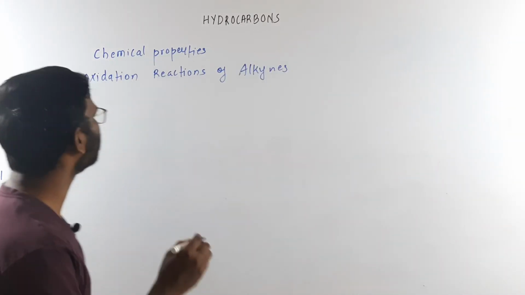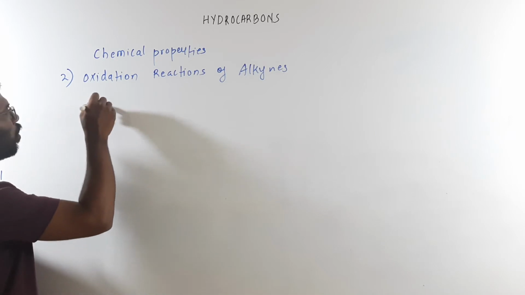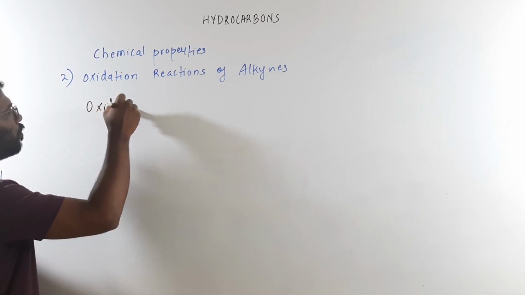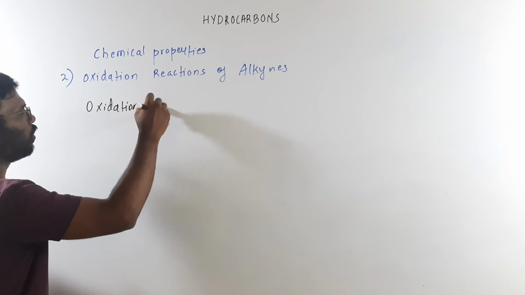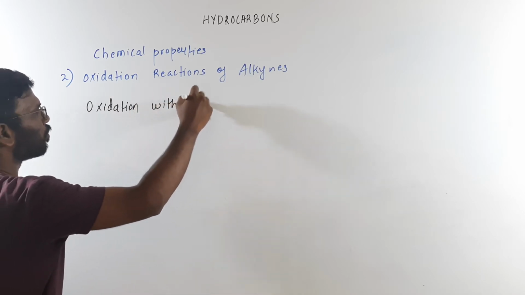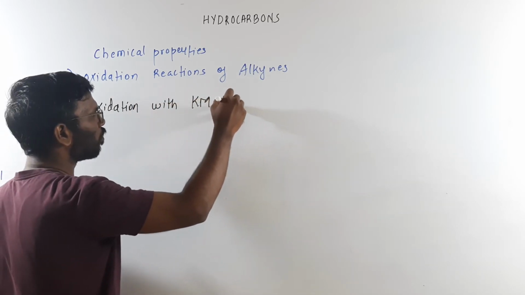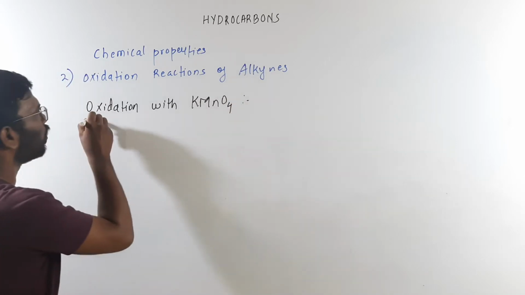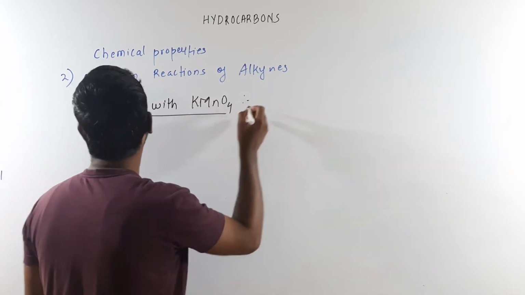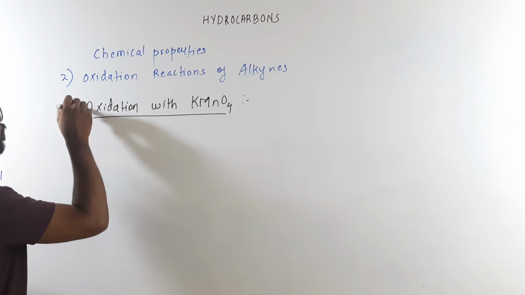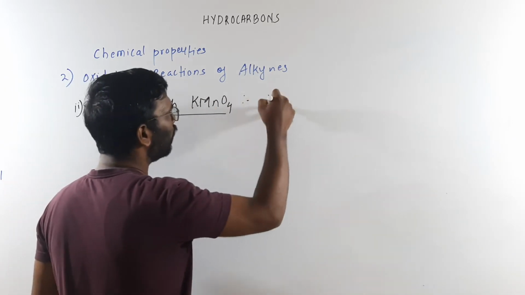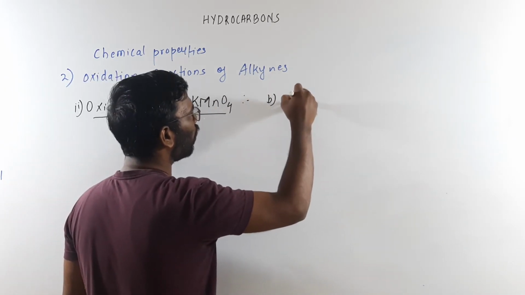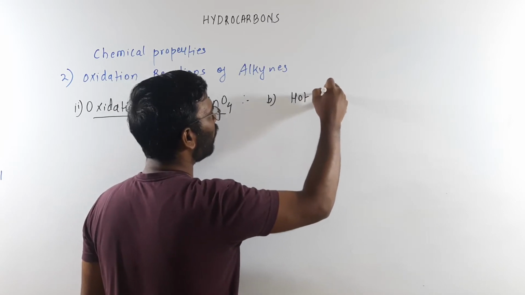Next is oxidation, yes, the same, oxidation with KMnO4. But here the conditions are slightly different. I will mark this as B, that is KMnO4, but hot KMnO4, a little amount of heat is there.